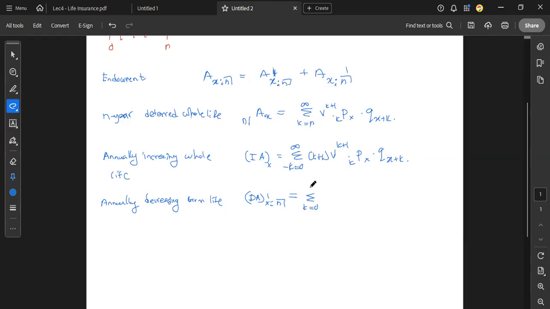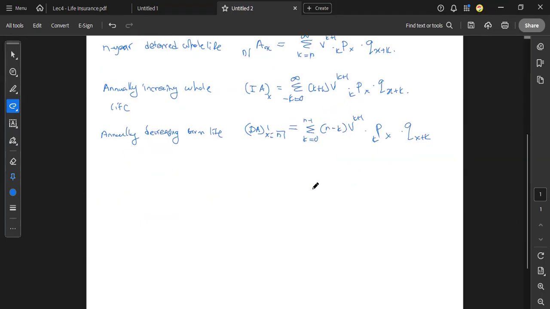So k from 0 to n minus 1, and the maximum is n, and n minus k is there, and v to the power k plus 1. The probability is the same. So that's how we can define these different insurances.